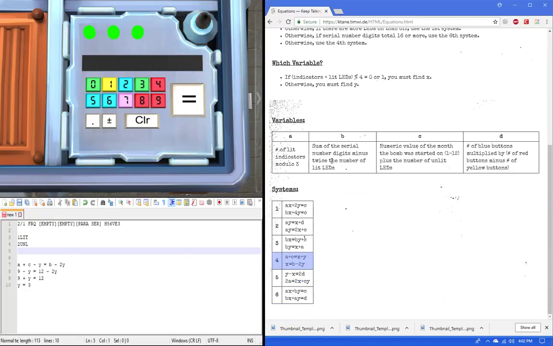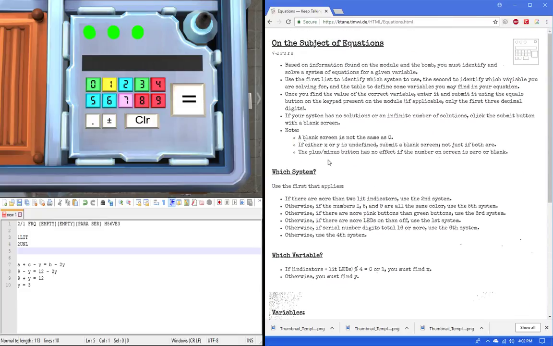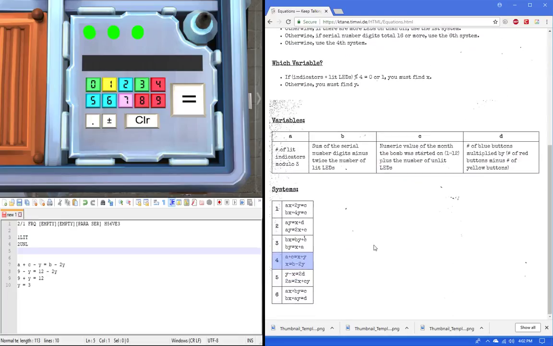Oh, and speaking of which, before I go, how can you get a system that has no solutions or an infinite number of solutions? Well, for example, say we're solving for x, and we are at the fourth system here. That's going to be a plus c minus x.